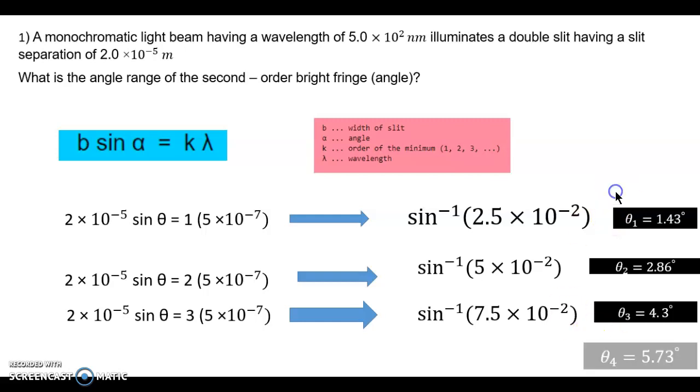Again, theta 4 is 5.73. I replace it with 4 here, or 7.5 plus 2.5 would become 10 times 10 to the negative 2. Keep calculating them. You will end up at the end of it. It would be 18 angles. I hope you will reach the point by yourself. This is the answer for question number 1.